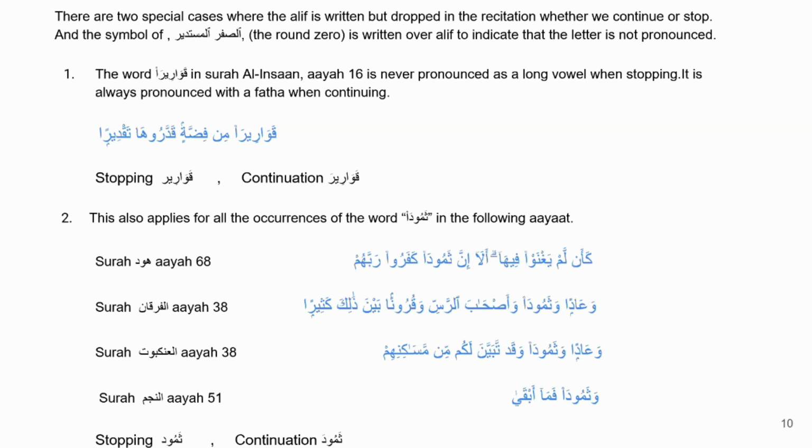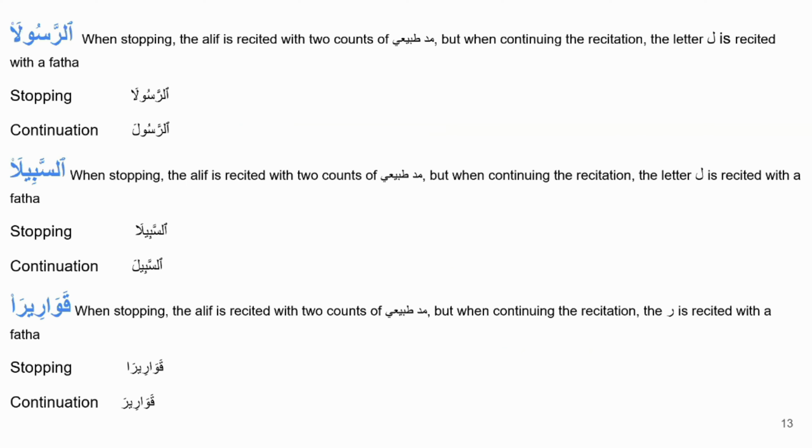And as we know, when Sifar Mustatir appears on any letter, we drop that letter upon continuation or stopping on that word. But in ayah number 15, when the word qawarira appears, you can see letter alif has an oblong zero. So here, upon stopping, we give alif mad two counts of maddu tabi'i and recite it like this.